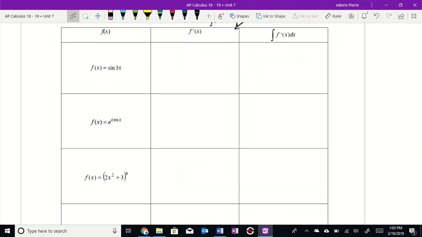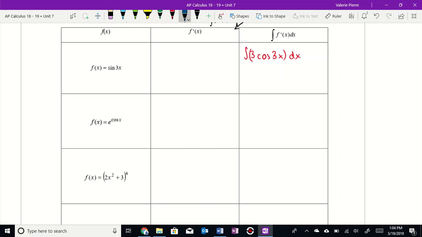So once you've found the derivative for all 4 of those functions, we're actually going to find the antiderivative of all 4 of those derivatives. So for the first function, you should have gotten 3 cosine 3x, and we're going to find the antiderivative of that.